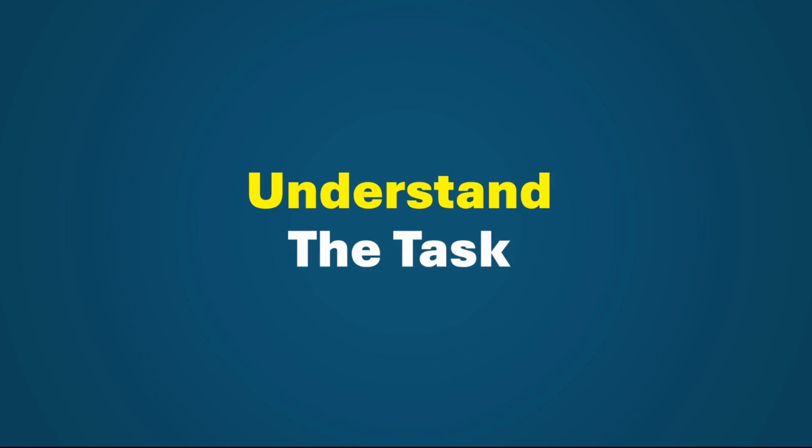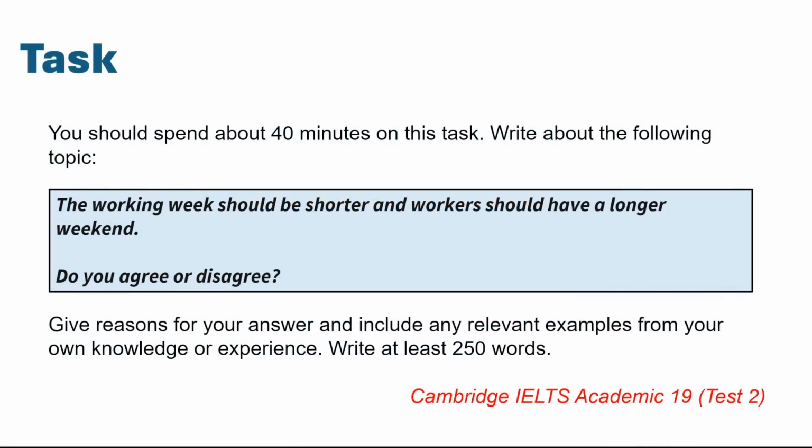So next we're going to understand the task. We're going to analyze the task. So let's look at the topic statement first of all. The working week should be shorter and workers should have a longer weekend.